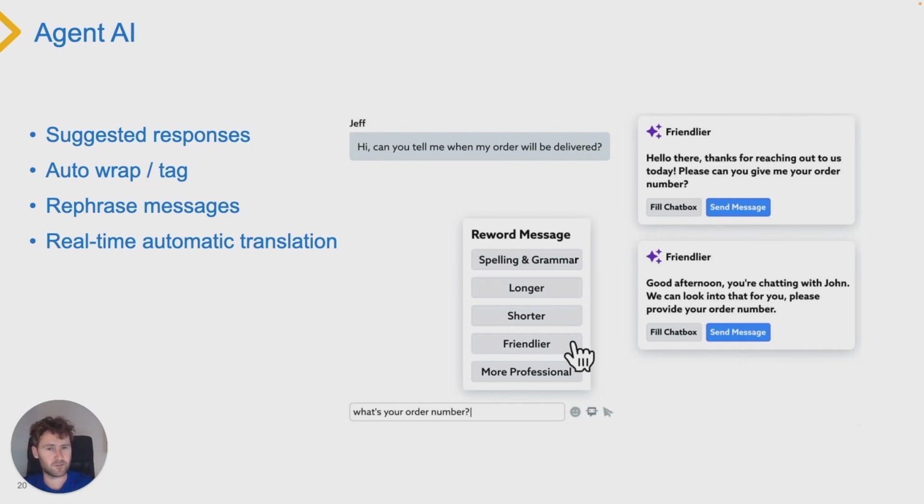There are a number of other tools which we're seeing being deployed with success. Everything from translation to automatic tagging to being able to rephrase a message that you've written to make it more suitable for the conversation.